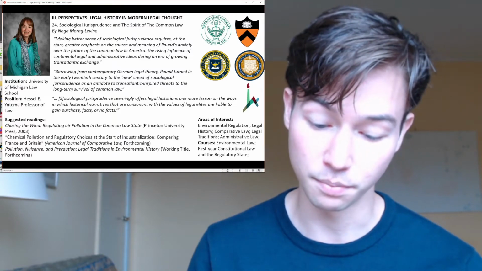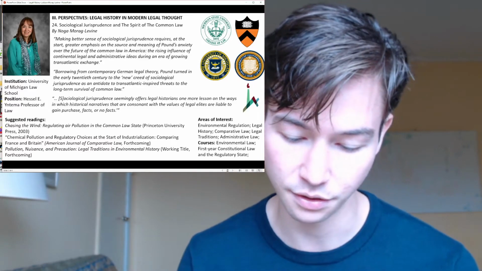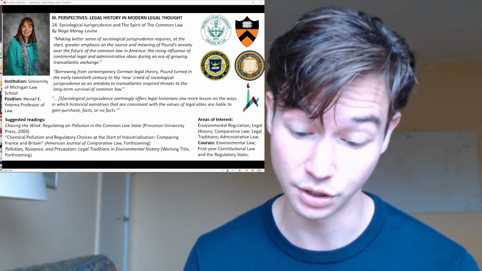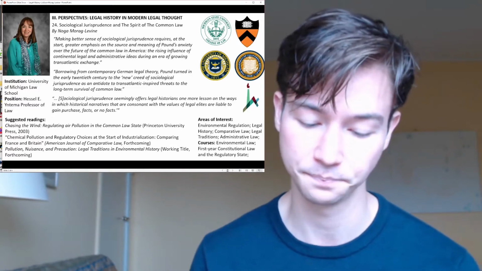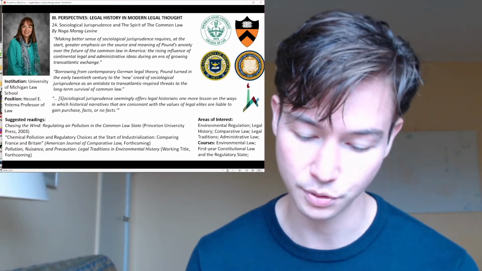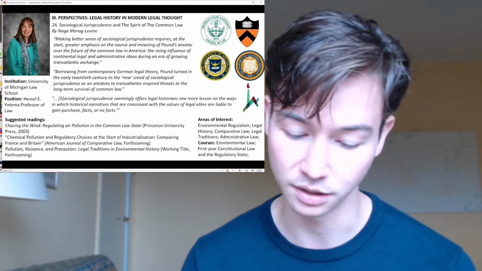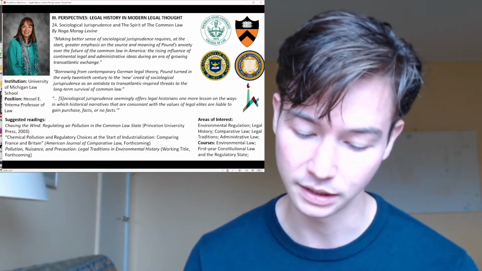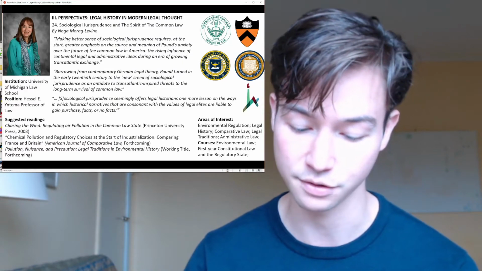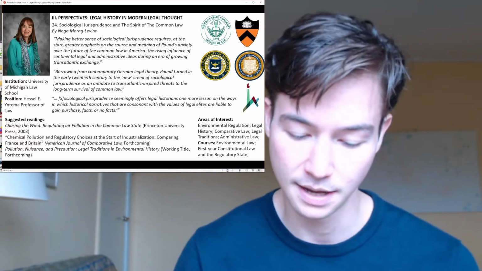Pound in Law in the Books and Law in Action said history of juristic thought tells us nothing unless we know the social forces behind it. Elsewhere in The Scope and Purpose of Sociological Jurisprudence, published in 1912, he said Jhering ignores an important element of contemporary law, that legal history shows clearly ideals of justice and morals as controlling factors in all periods of growth. So advocating for a bottom-up approach.